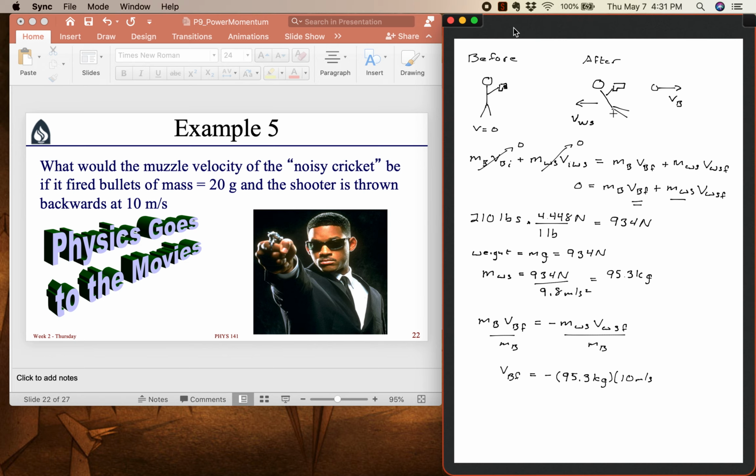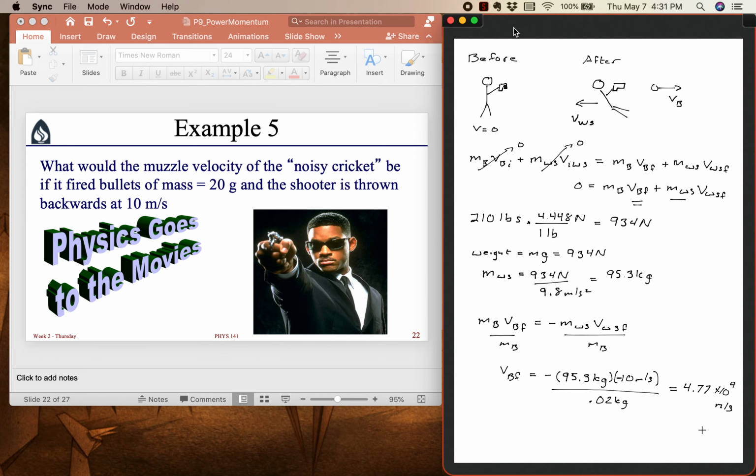According to our diagram, that 10 meters per second is occurring in the negative direction, so I'll put in a minus 10 meters per second. And then the mass of the bullet is 20 grams or 0.02 kilograms. So that gives us a bullet velocity of 4.77 times 10 to the 4 meters per second.